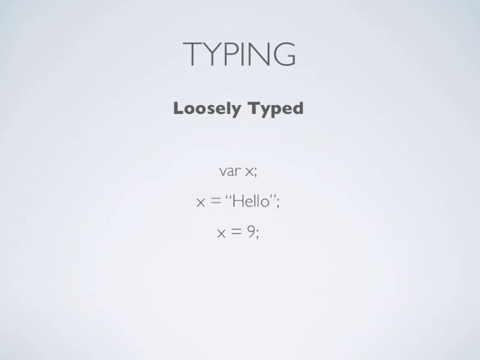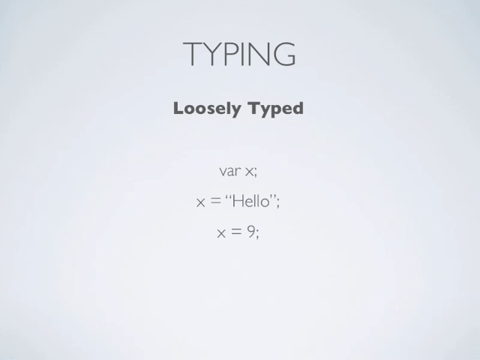Like in the 3 lines of code I have here, if we think about it from the data type perspective, when we first do var x, basically declaring a variable called x, we don't assign a value to it, so at that time when the variable is first declared, its data type is undefined. In the next statement, when we say x equals the string literal hello, we assign a literal with the data type of string to that variable, so its data type changes from undefined to string based on the value that's in the variable.